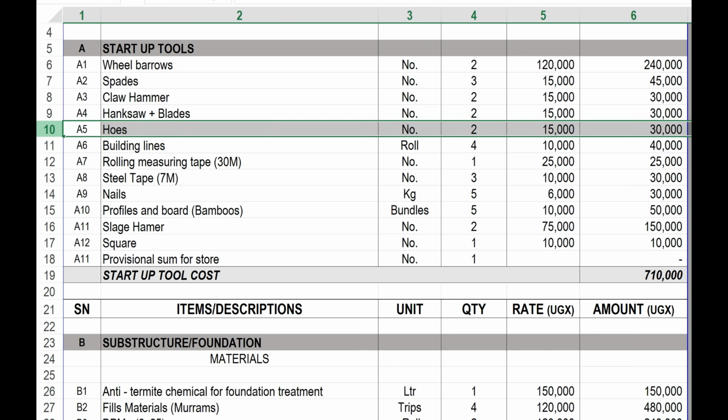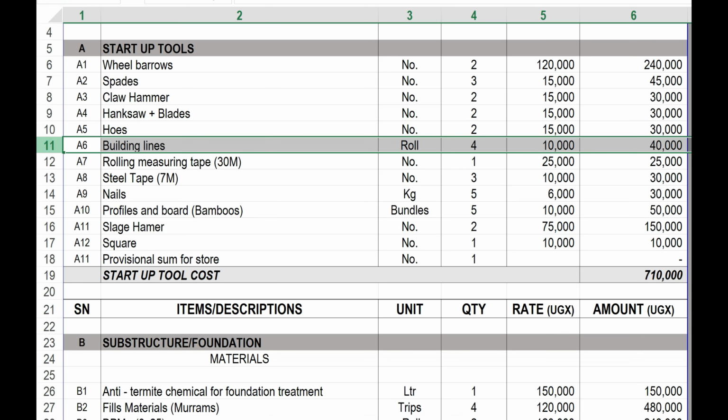Then we might also need a hose. I think 2 are enough, whereby you can get one probably at 15,000, going to 30,000. Then you might also need the building lines.